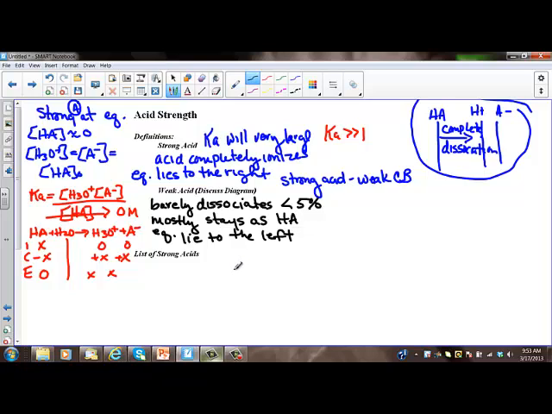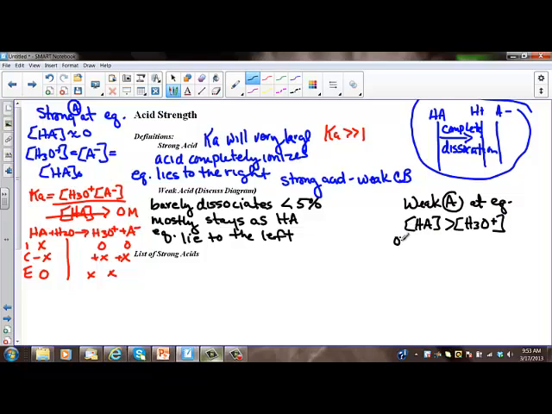And if I were going to represent this similarly to what I did over here, what we know about a weak acid at equilibrium is that the HA, the original concentration of the acid, is greater than the H3O plus.